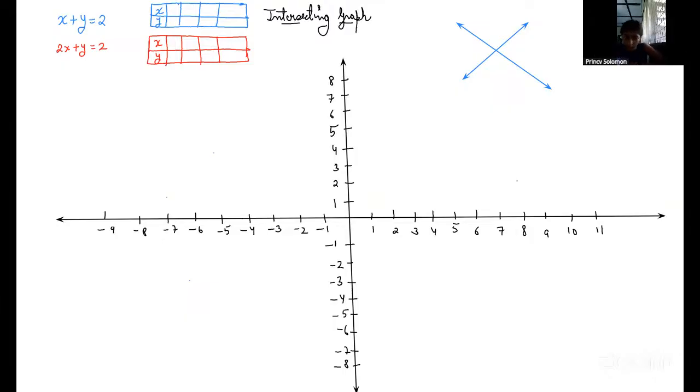The blue and the red? Can you solve the question and show?